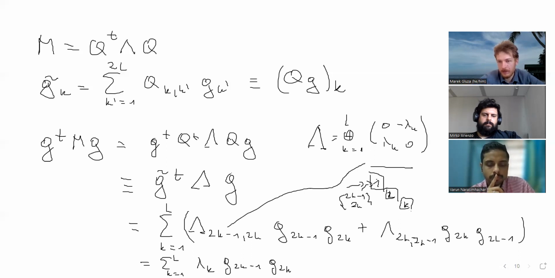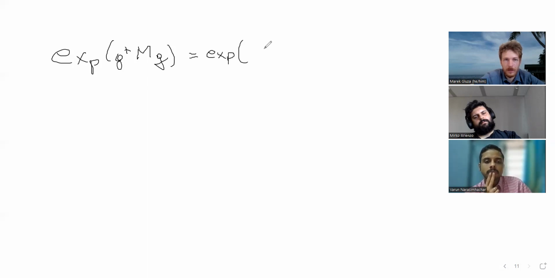So now I can write the exponential of g tilde M g as the exponential of the summation over the blocks, lambda k inside of the block. I might have a plus minus there, but the plus minus is just a convention.